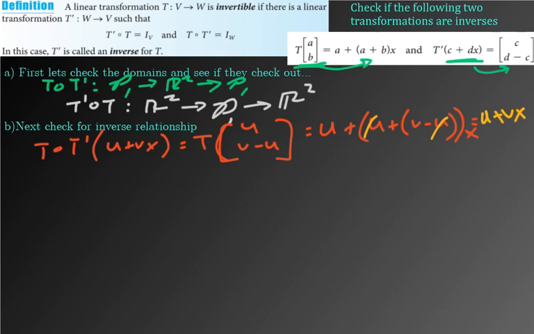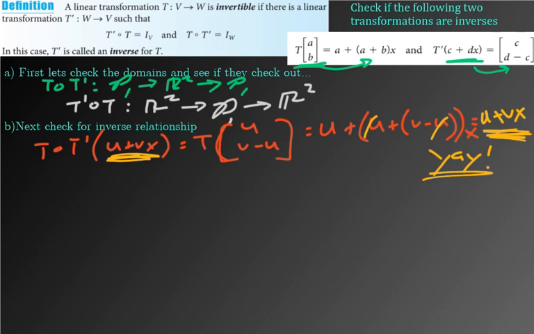Sorry, plus. It's plus, because you distribute a positive number. And that's good. I started with u plus vx, I ended with u plus vx, so yay. That is doing what it needs to do to be an inverse transformation there.